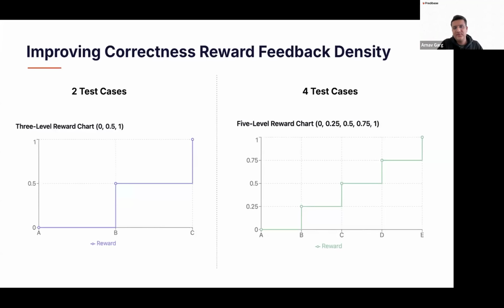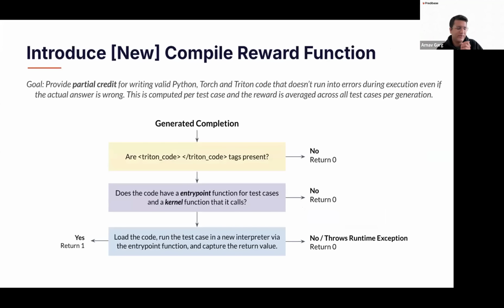And finally, if you're still with me, we also decided to give some partial credit for compilation, separate from correctness. And all it's doing is, hey, if you can run the code and it doesn't throw an error, you get a reward of 1, even if the output value is wrong, because it helps nudge it towards the right direction, given that the correctness reward is now much more complicated, right?